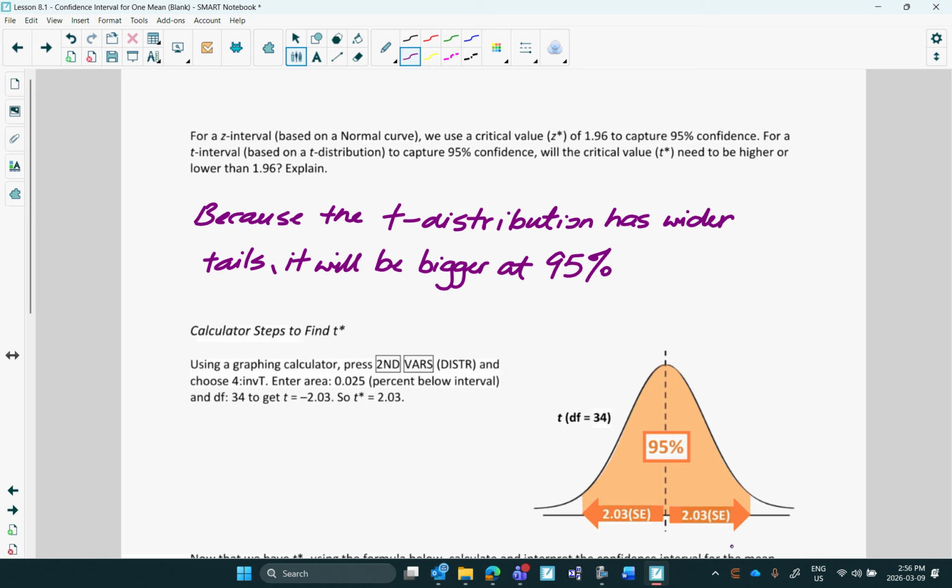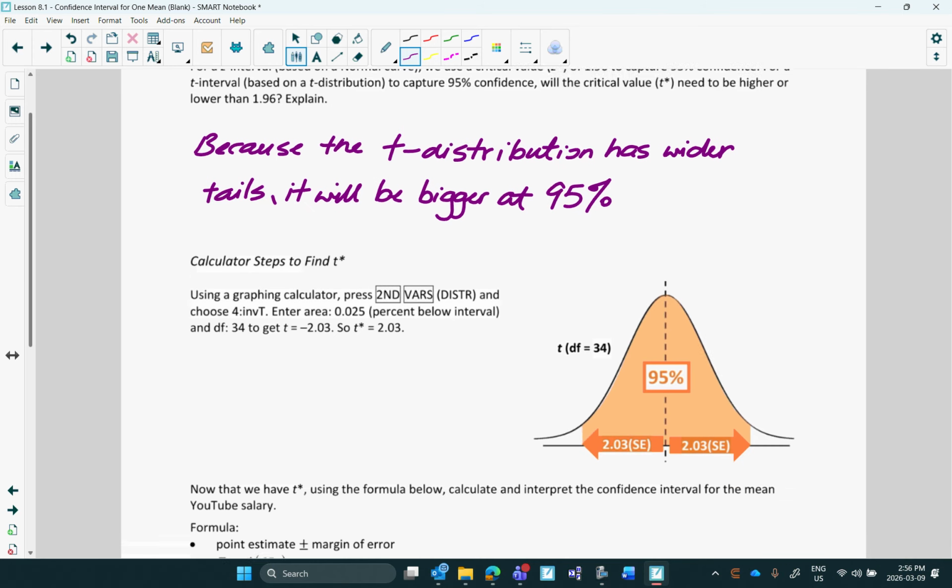And you could say that regardless of the confidence level. The critical value T star is always going to be a little bit bigger than Z star, no matter what the confidence level.